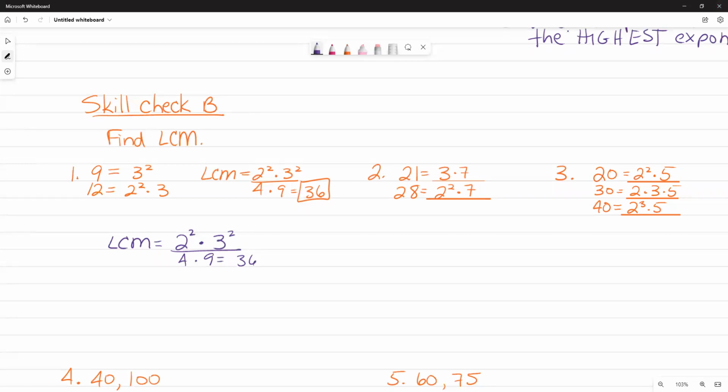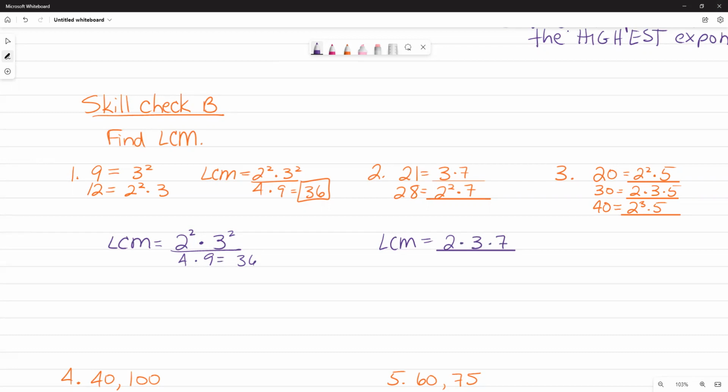Okay. For 21 and 28, the least common multiple, we take all prime factors between the 2 given numbers. We know that there's a 2, there's a 3, and there's a 7. You only write it once, like the 7. Just because there's a 7 in 21 and a 7 in 28 doesn't mean I include 2 7s.